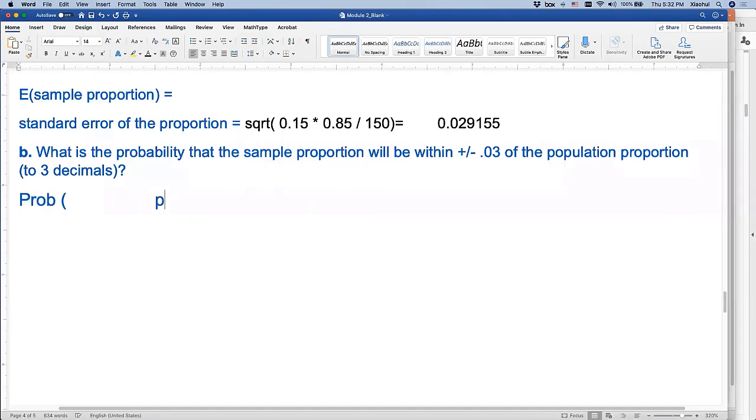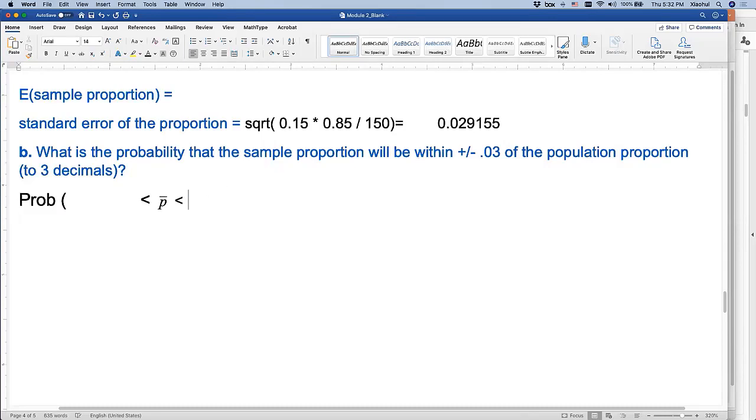Sample proportion is P bar. It's going to be between two numbers: within plus minus 0.03 of the population proportion.